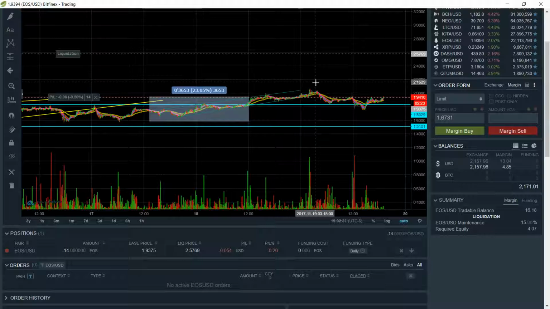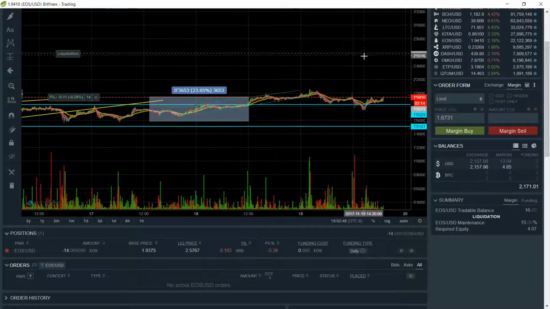Now the opposite applies for a short position because you are betting on the market going down, guys. If the market happens to go up and it hits your liquidation price, then it's going to automatically close your position because it needs to pay back the lender, okay? So that is how it's going to really devastate you.